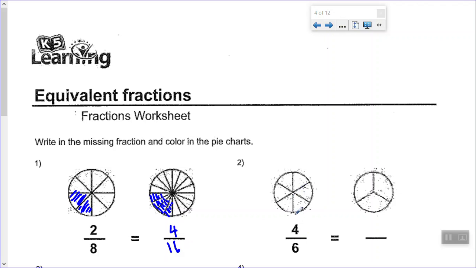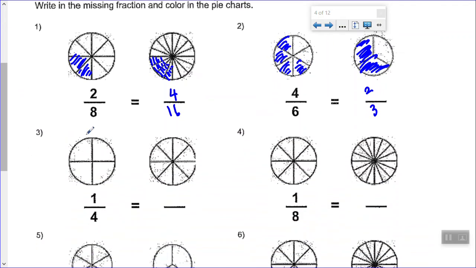Here 4/6. So you shade 1, 2, 3, 4. Here, this piece is equivalent to these 2 pieces. This piece is equivalent to these 2 pieces. Here you shade 2 out of 3 pieces. Let's do one more example.